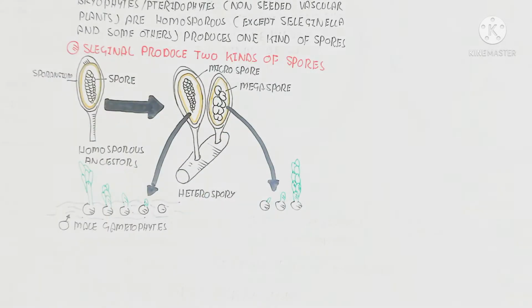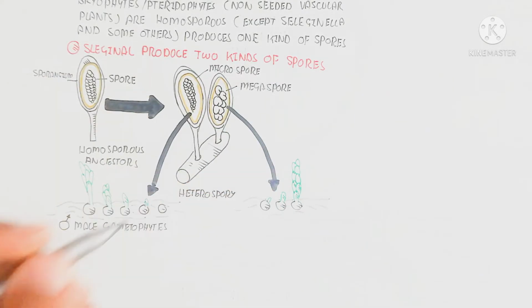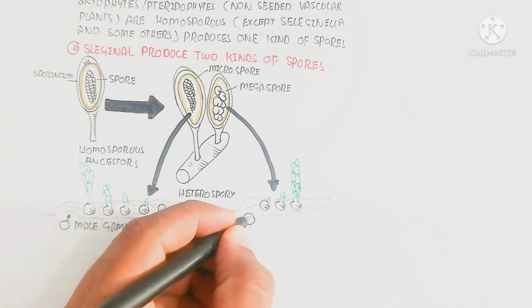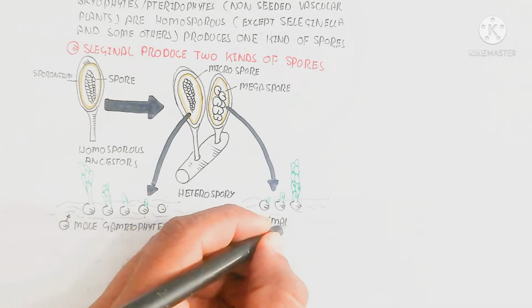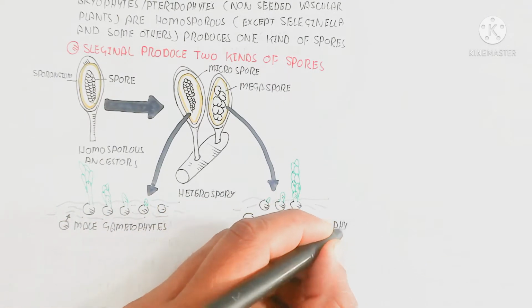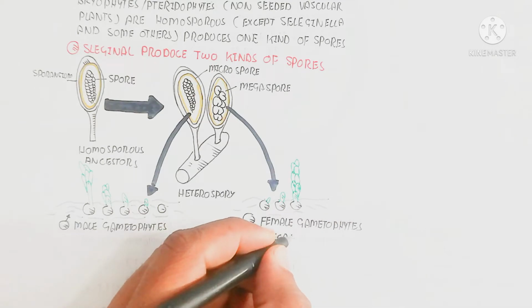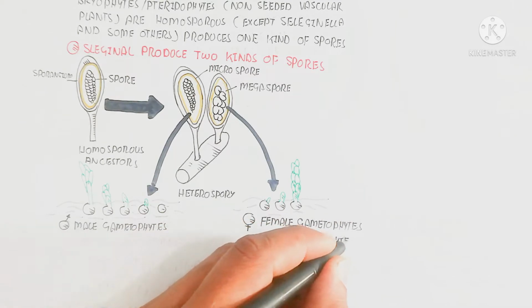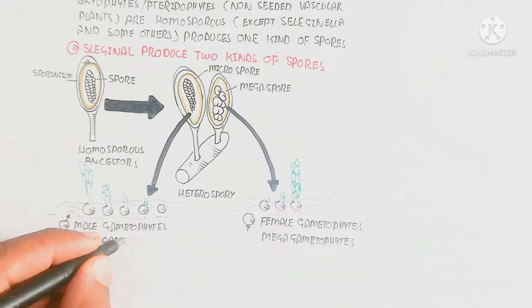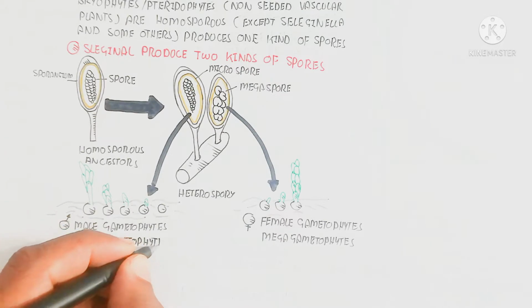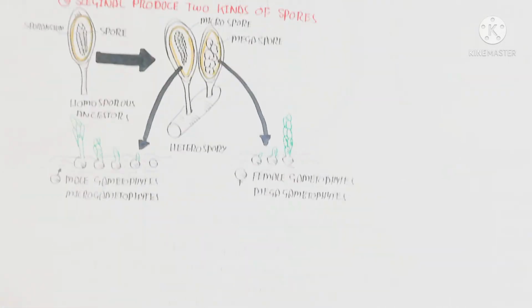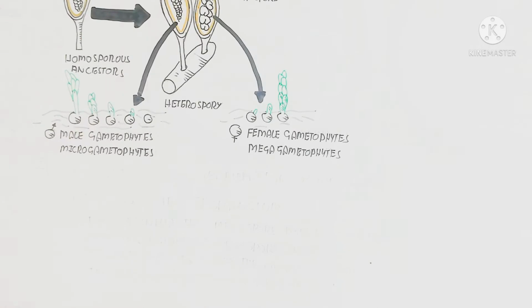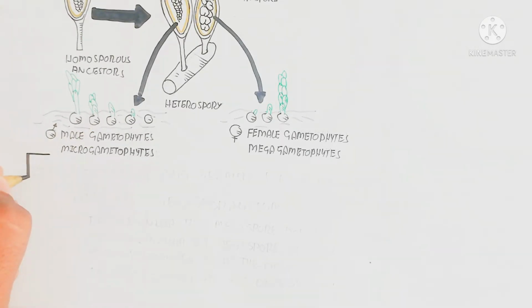During the evolution of heterospory in the alternation of generation, the gametophytic generation is reduced while the sporophytic generation is enhanced, for example in Pinus. So this is the basic concept. Let's begin to understand retention and germination. After shedding, the plant wants to retain the megaspore inside.